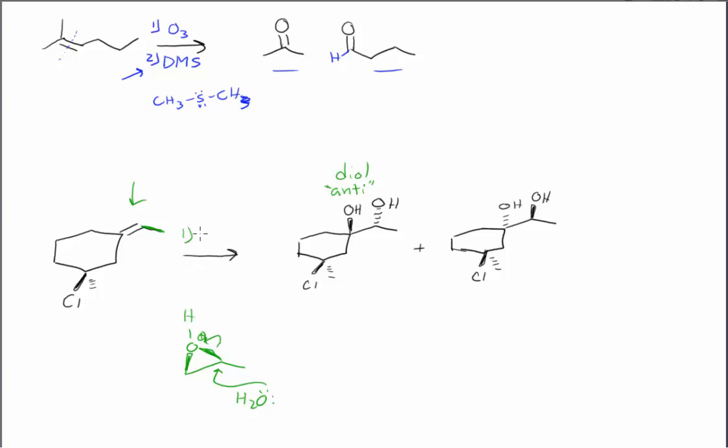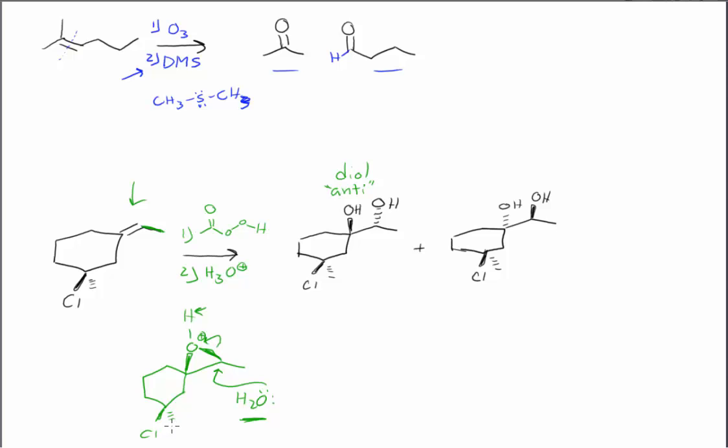So the first step is some peracid. We can use peracetic acid. You could use MCPBA, or you could even just put R right there. And the second step is basically workup in acid to provide the extra hydrogen right here, and then it provides our nucleophile. And actually I think I should draw this a little more clearly, just so we're all on the same page with the mechanism here.